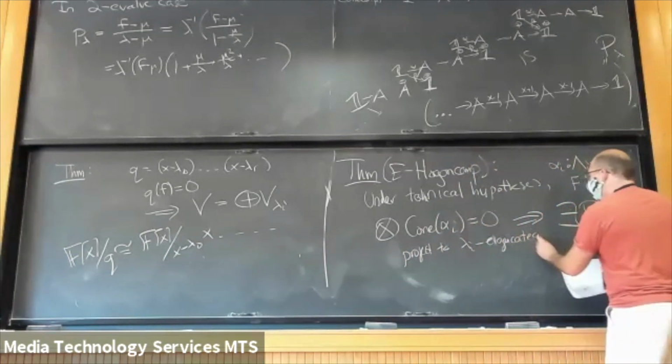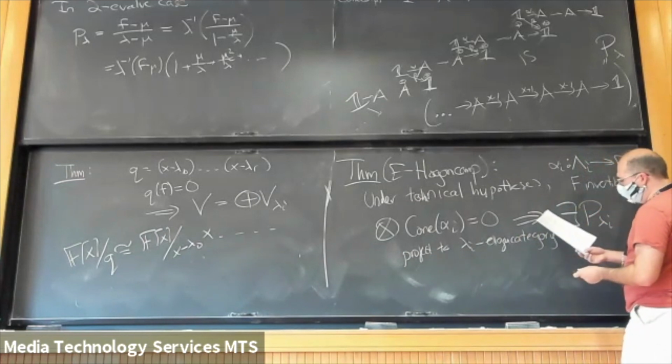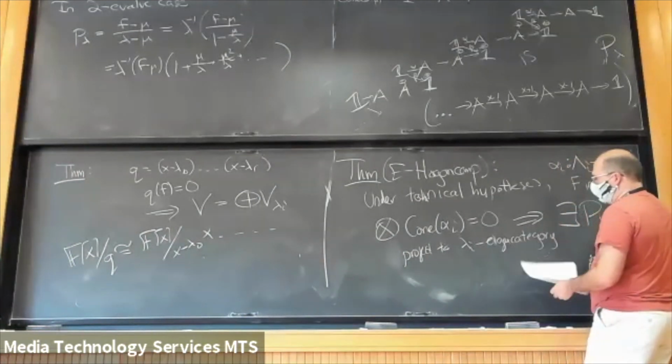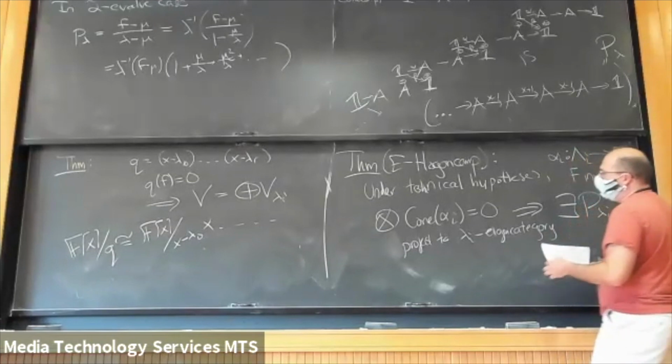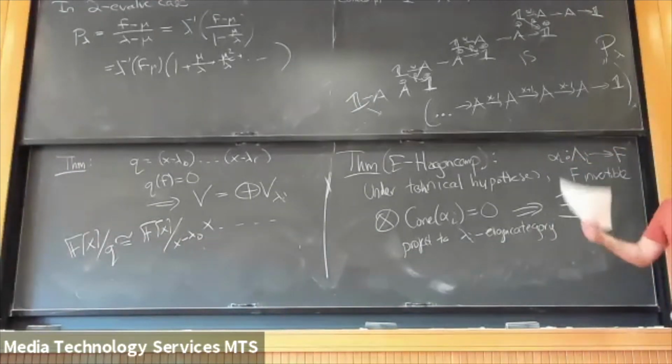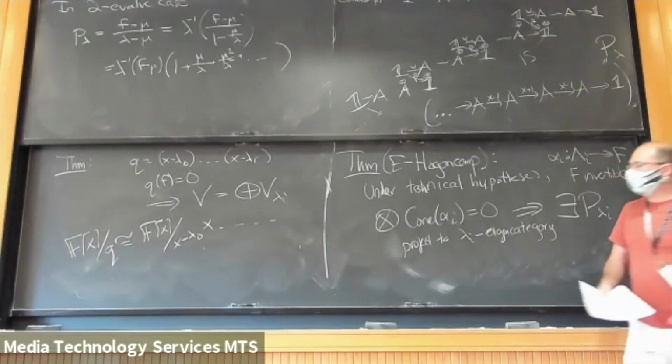So the space of eigenobjects for alpha i, and that this actually equips your category with a filtration by eigencategories.